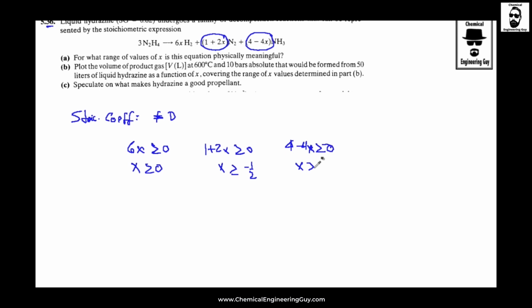This is kind of tricky. Don't forget that when you have inequalities, you have to change the direction when you translate. So we have these ranges: x must be bigger than 0, x must be bigger than minus 1/2, and x must be less than 1.